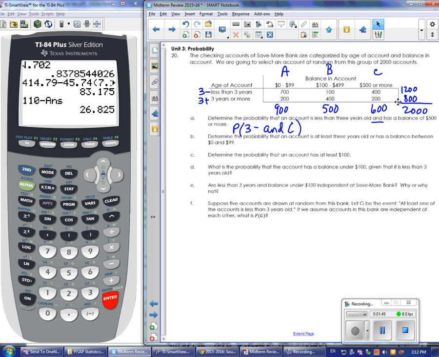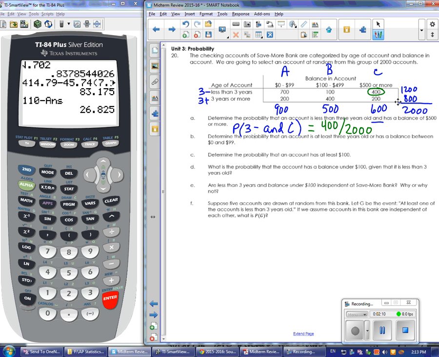I'm essentially looking for the number of accounts that are both less than 3 years old and have more than $500. So I'm talking about this number here. I'm talking about 400 of these accounts. There's no condition that's been placed, so I'm talking about the 400 out of 2,000.